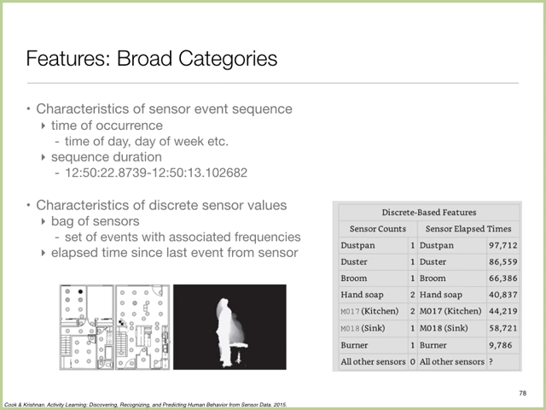Another very common type of feature is something derived from document processing. In document processing, a number of years ago, it became very common to map documents to vectors. One very common way of mapping documents to vectors was frequencies of words.